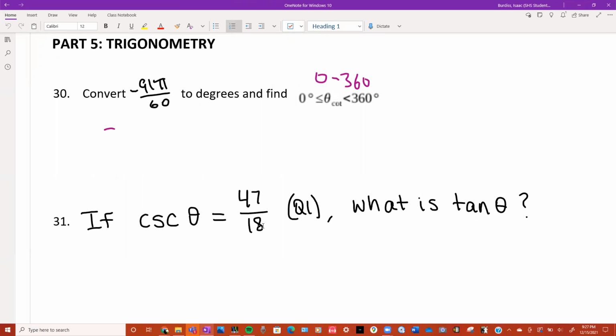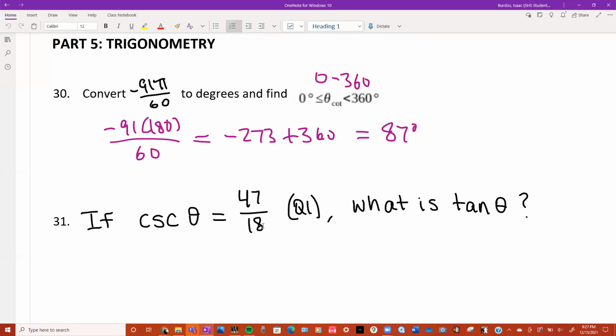And how we convert to degrees is multiplying by 180, or we just change pi to 180. So negative 91 times 180 divided by 60 is negative 273. To find a coterminal angle, we add 360. That gives us 87 degrees, and that's in between 0 and 360, so that's good.